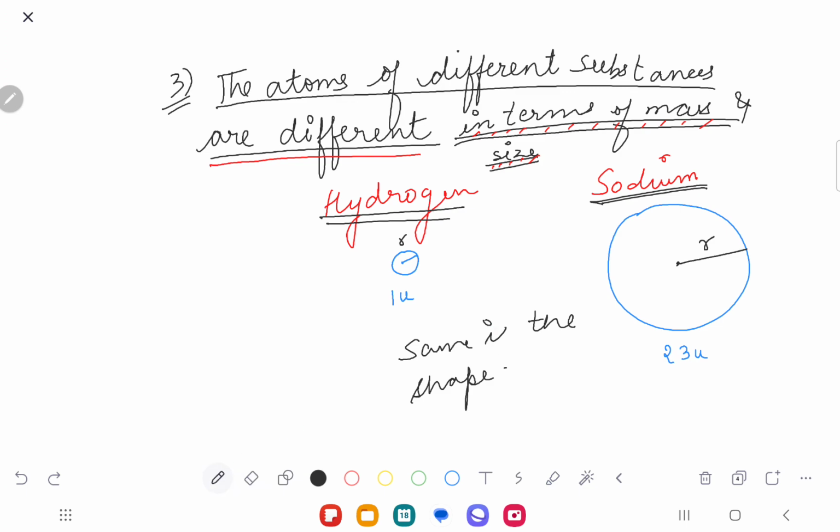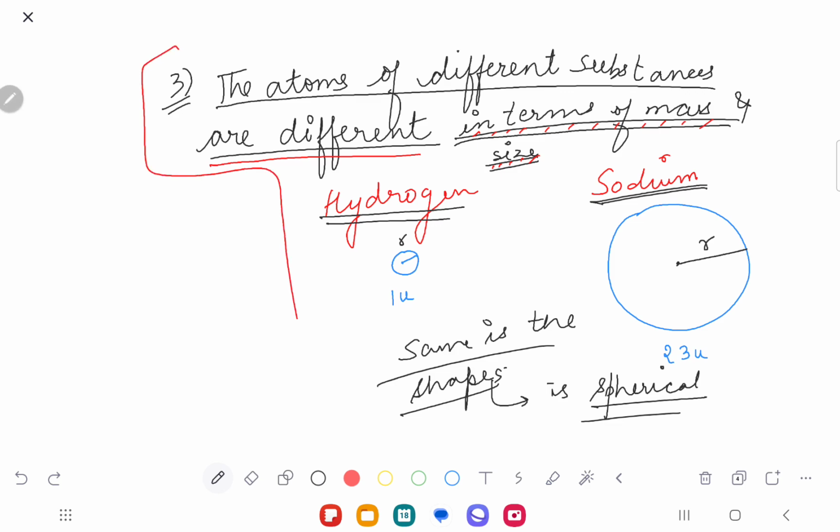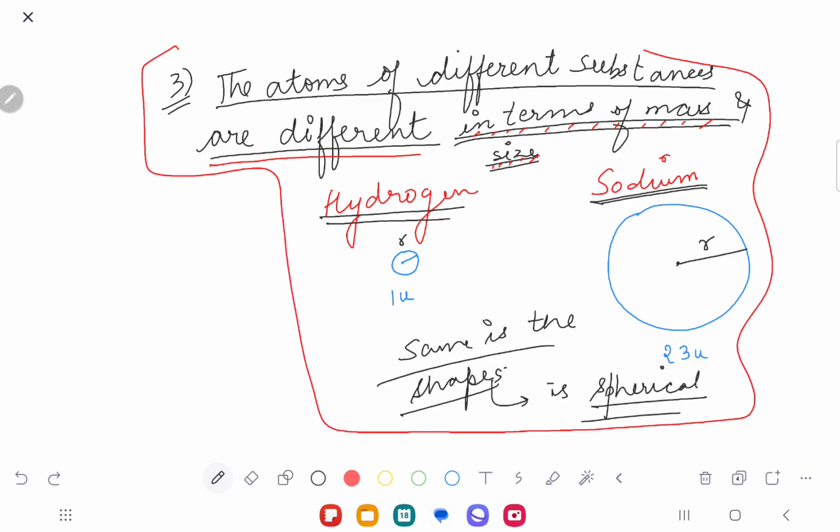Are you understanding my point? Yes. Both of their shapes are spherical. Any doubts in this? All right. So, this is the concept. Any doubts in this? All right.